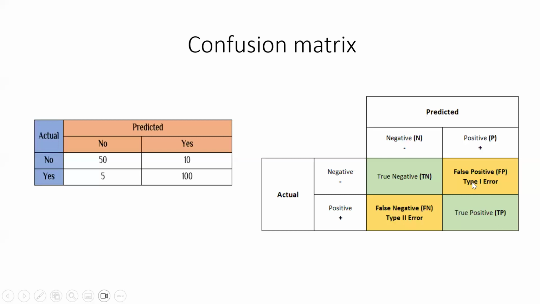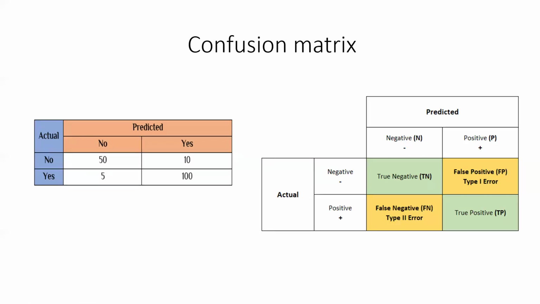False positive means 10 participants show as a fracture in the X-ray, but in actual fact they don't have a fracture. They may have some sprain or minor injury. And for false negative, for 5 people the X-ray report says no, but as per the actual report, they have the fracture.